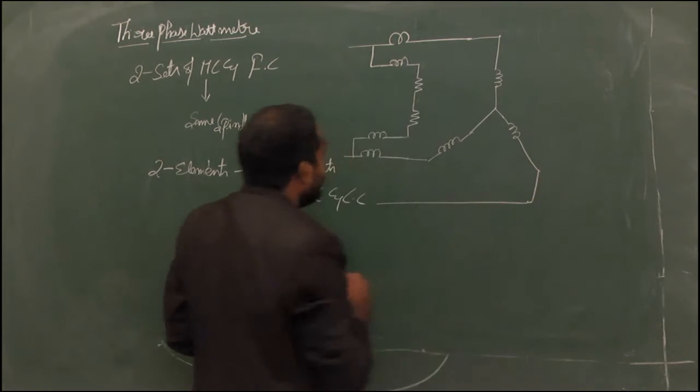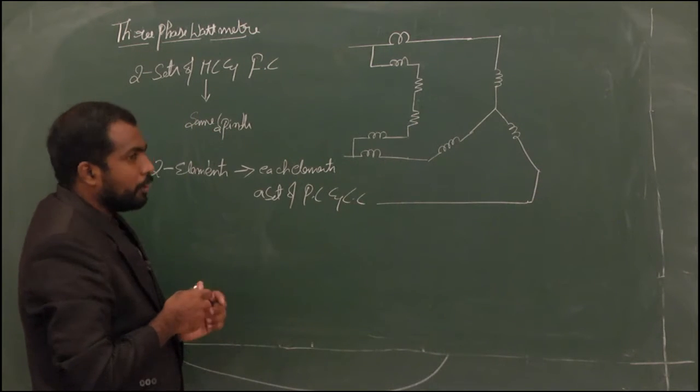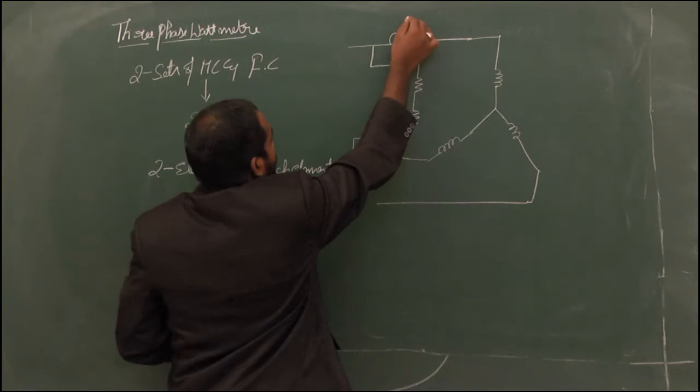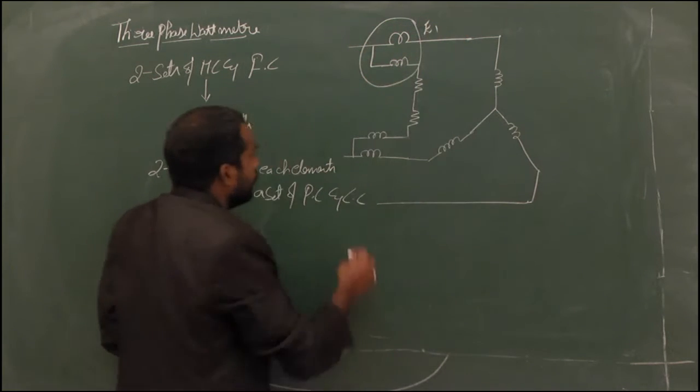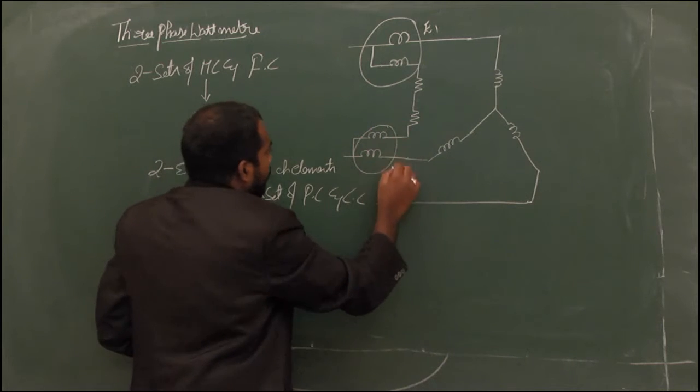This is the constructional diagram of a three-phase wattmeter, where this set is called one element, or element 1, and this set is called element 2.